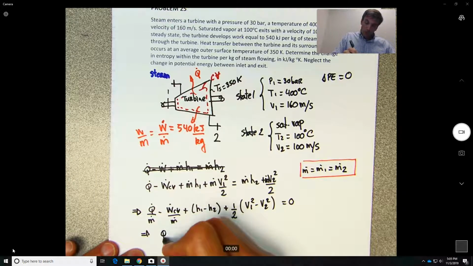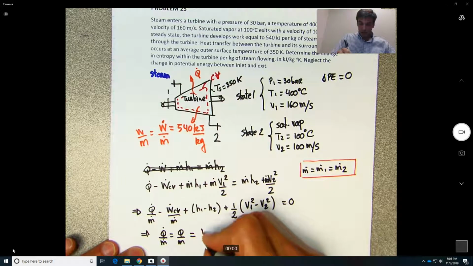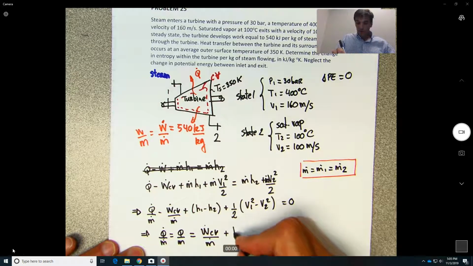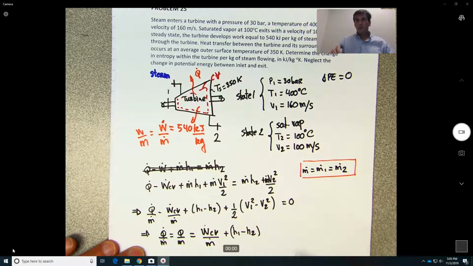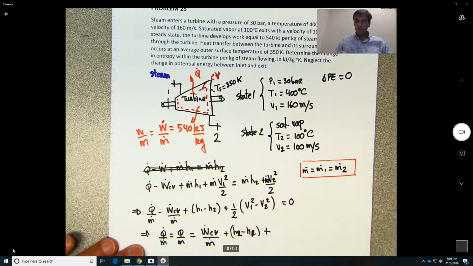So if we solve for Q over m dot, which is the same as Q over m, we have H2 minus H1 plus 1/2 V2 squared minus V1 squared, plus the work term.